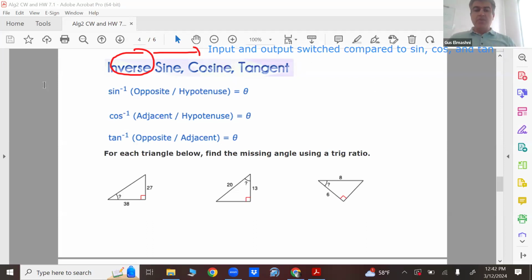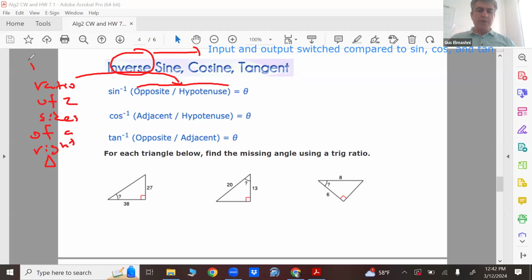So guys, please don't mess this up because this happens often. Now the input is going to be the ratio of two sides of a right triangle. The output is the angle. So use it to help you solve for the angle.